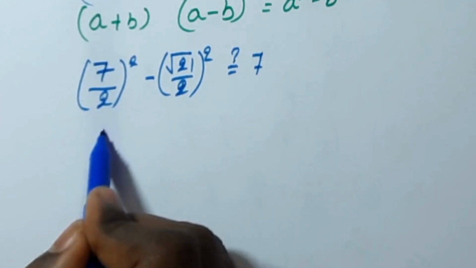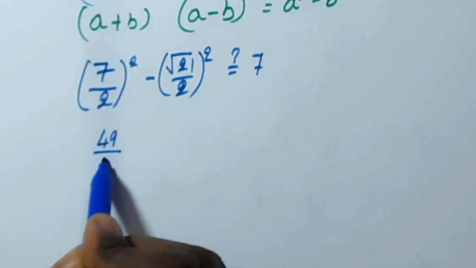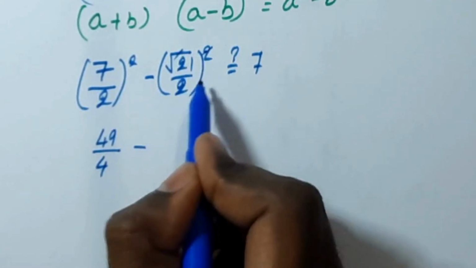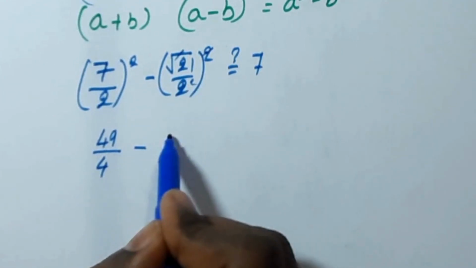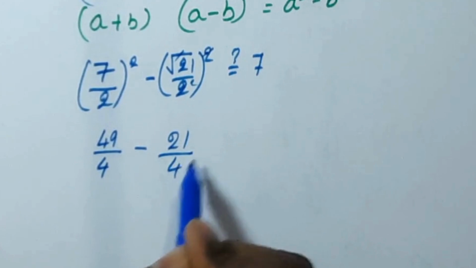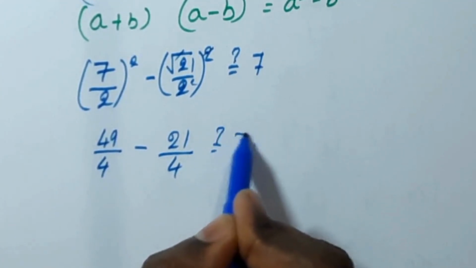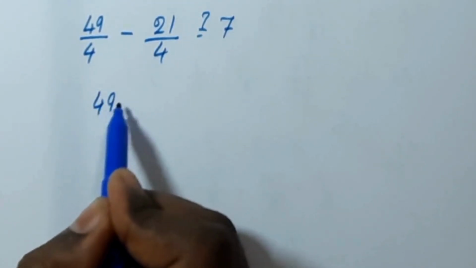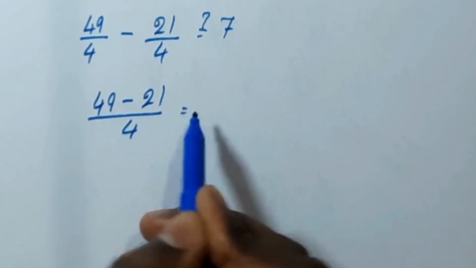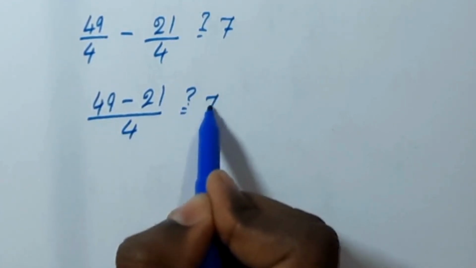7 squared is 49 by 4. Here the square root cancels the square, so 21 by 4 equals 7. So 49 minus 21 by 4 equals 7.